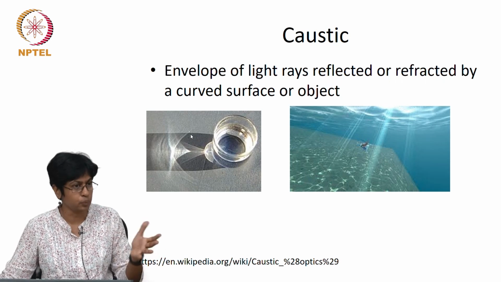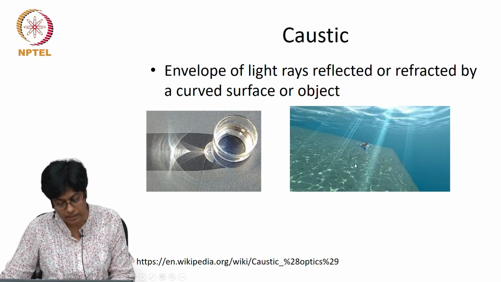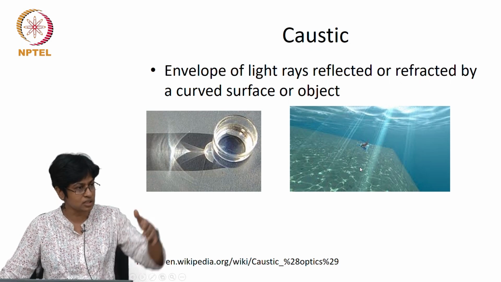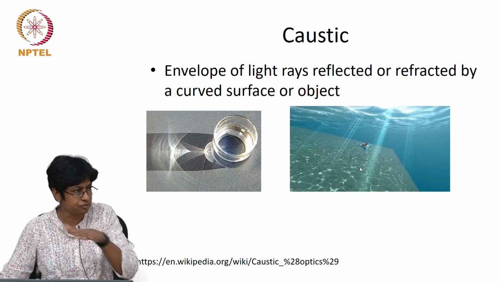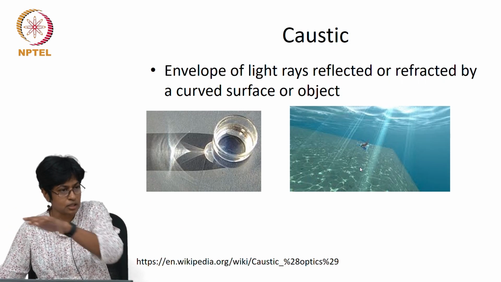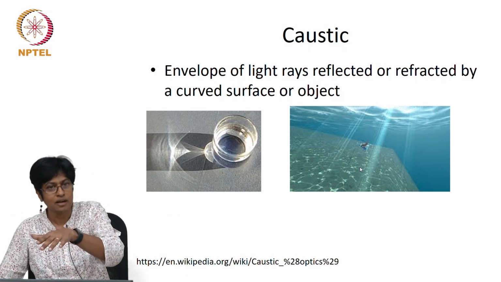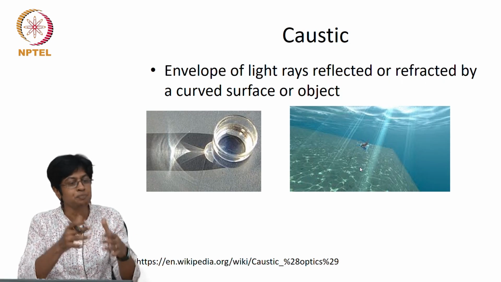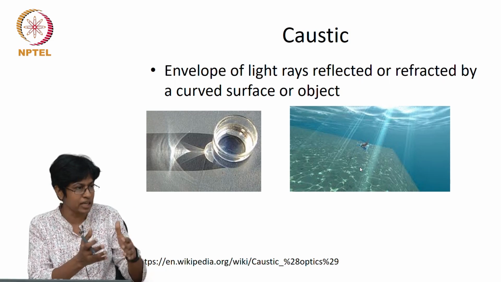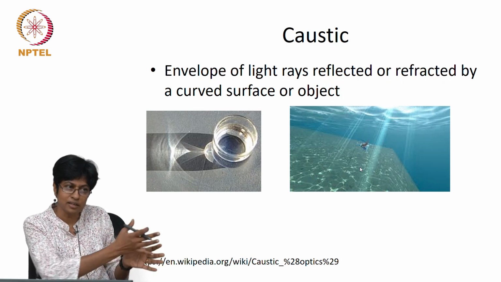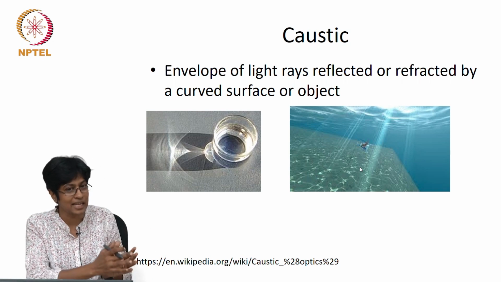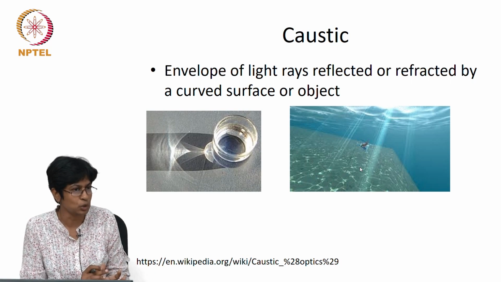Very common in water bodies, and there you see a number of these regions because the surface of the water is not absolutely flat. There are variations. So each is acting like an individual lens, if you will, and its set of rays are being focused somewhere and causing a region where there are refracted rays and a clear region where there are no refracted rays.